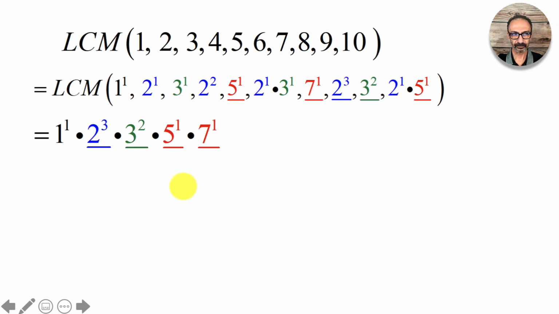What I just want to show you with the same process is that we're going to take the highest of every single prime factor, and 1 is not prime. 2 is the least prime number. 2 to the third, we talked about that. 3 to the second, the highest. 5 to the first, no other option, we have to have it. 7 to the first, we have to have it.